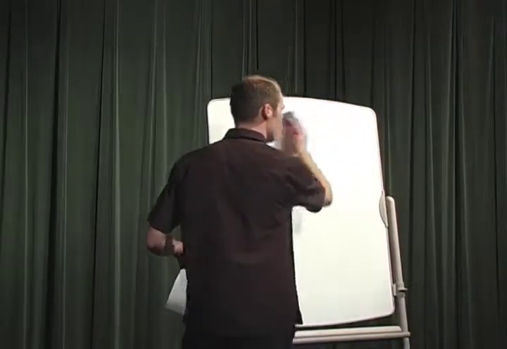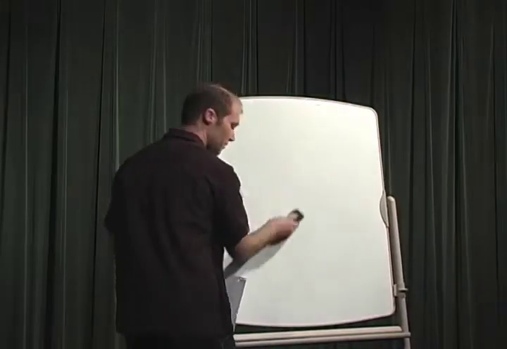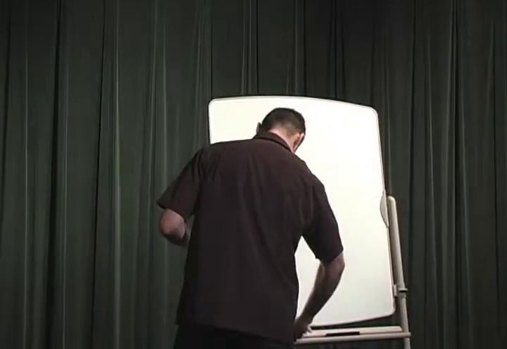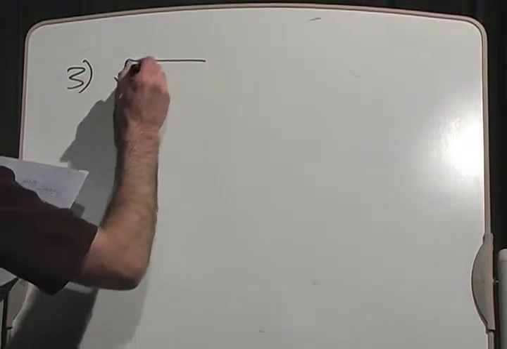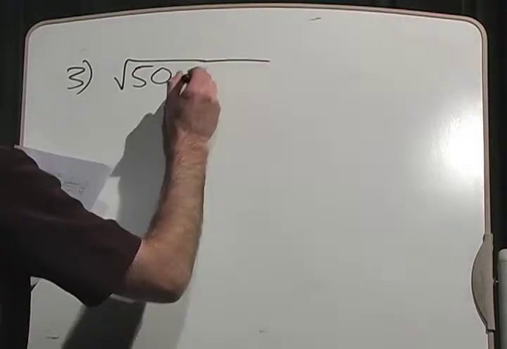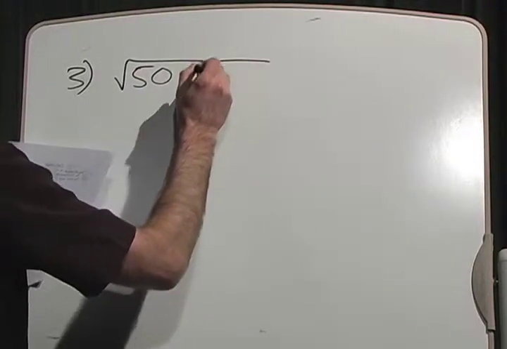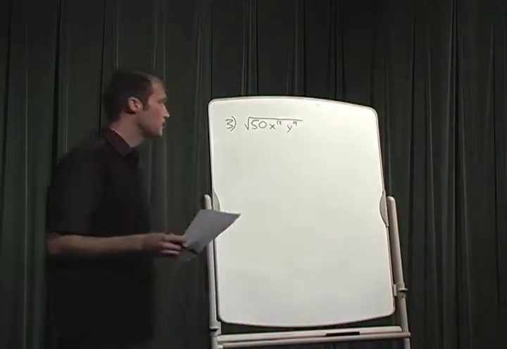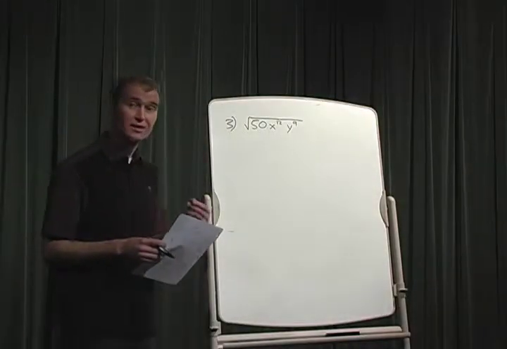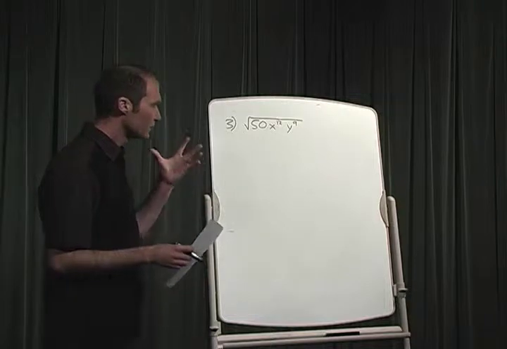My third and final problem is to simplify the square root of 50 x to the 12th y to the 9th. 50 times x to the 12th times y to the 9th. Well, here's what I want to do first.